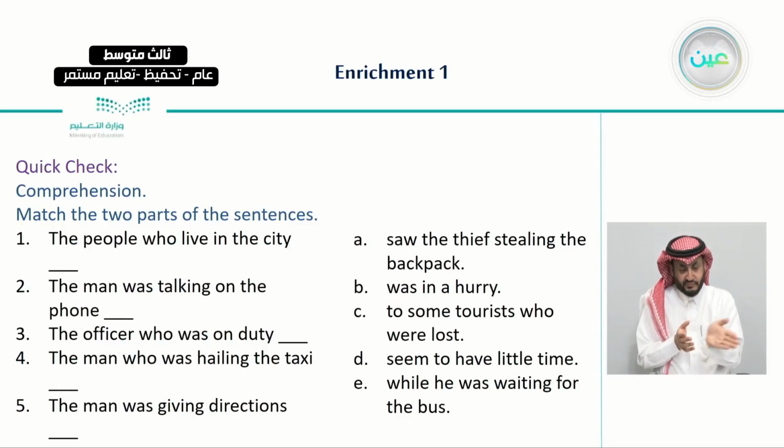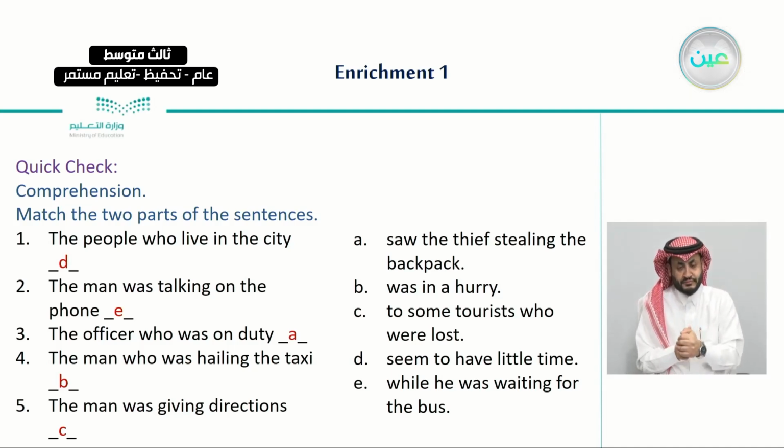Not only this, but we also had another exercise, a comprehension exercise, where we matched the two parts of each sentence. For example, the first one, the people who live in the city, we match it with its other part, which is seem to have little time.